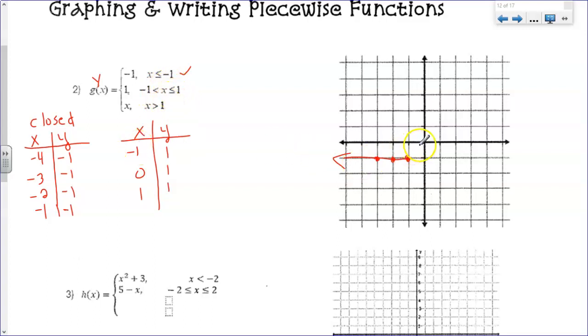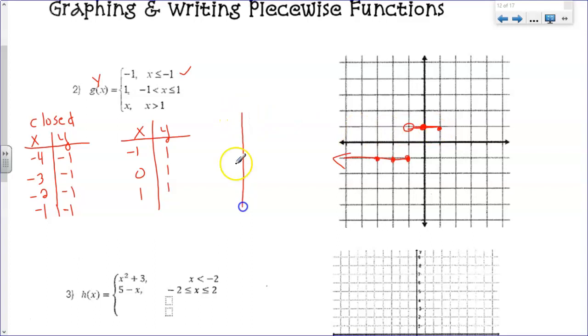So let's look: -1, 1, that's going to be open; 0, 1; 1, 1, and that one's going to be closed. Now, the numbers in between are always closed. It's just your start and your end that you have to determine. And that's going to be that line right there, those 3 dots between -1 and 1. That's that graph. Okay? So this side was open and this was closed.